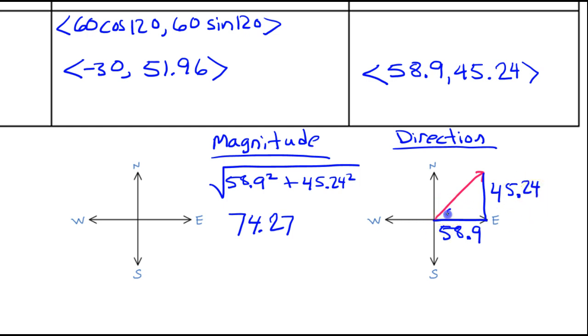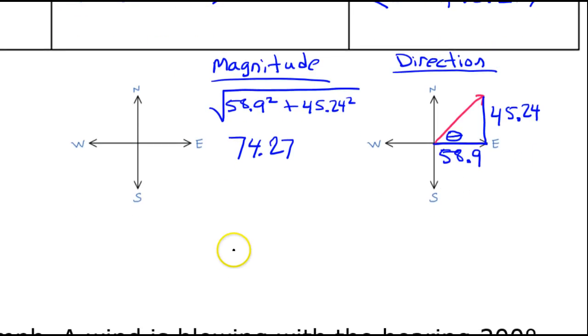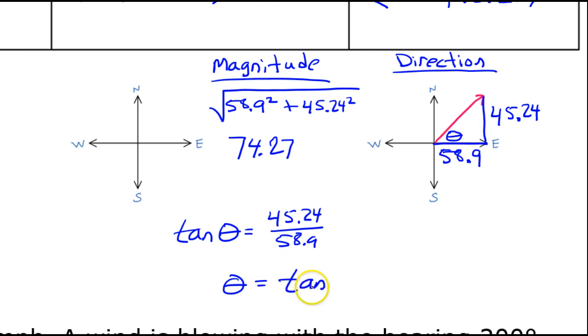Now we should be able to calculate the direction angle, theta, by doing tangent. Okay, so because we know that the tangent of theta will equal 45.24 over 58.9. So therefore, theta itself should equal the inverse tangent of 45.24 over 58.9. Calculator.